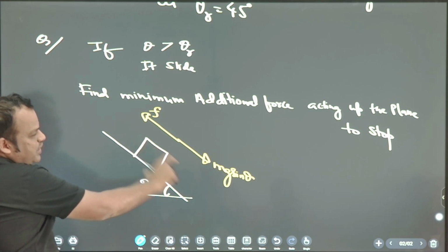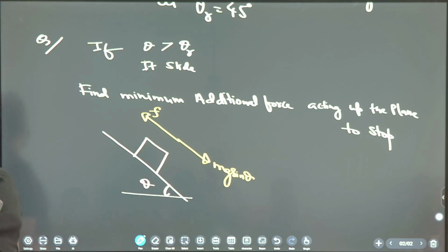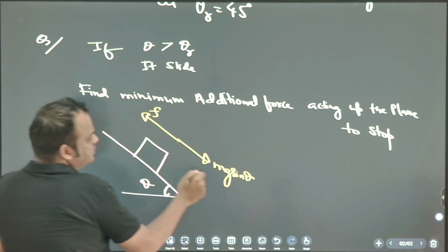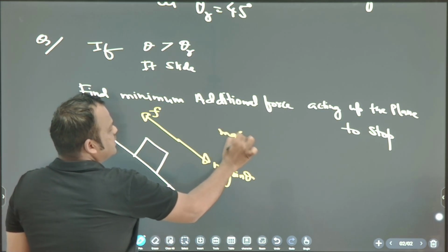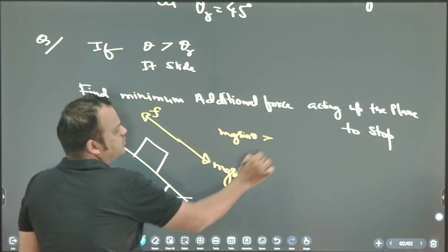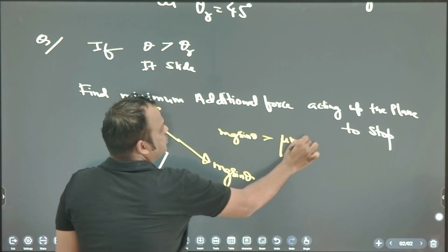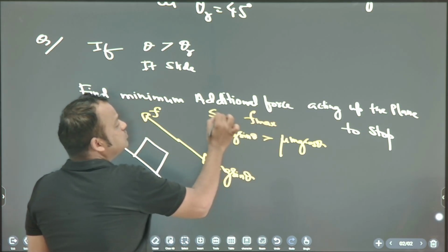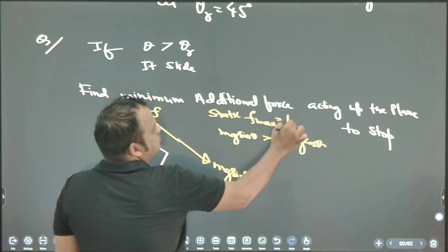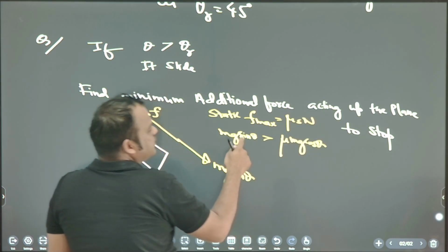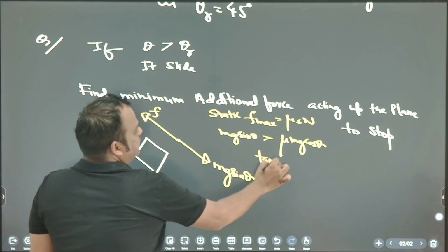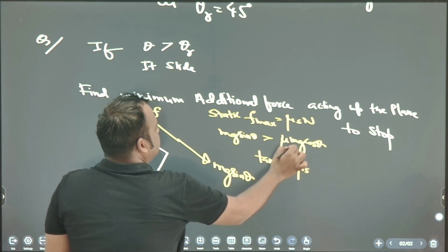Who is stopping it from sliding? Friction. But friction is not sufficient here, because mg sin theta is already greater than mu mg cos theta. The maximum value of static friction is mu s N. So tan theta is already greater than mu s.